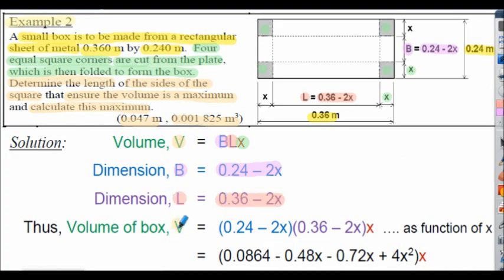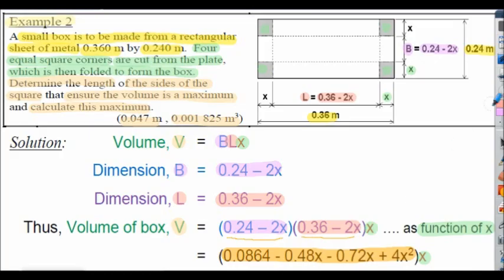So we can now calculate the volume of the box in terms of x by inserting the B and the L into the formula BLx. So the volume of the box is stated as a function of x. All that's happened on the final line of the slide, I simply expanded these two brackets. There's a binomial expansion shown here. This expression can be simplified further, collecting like terms and multiplying throughout by x, which I'll show you on the next slide.